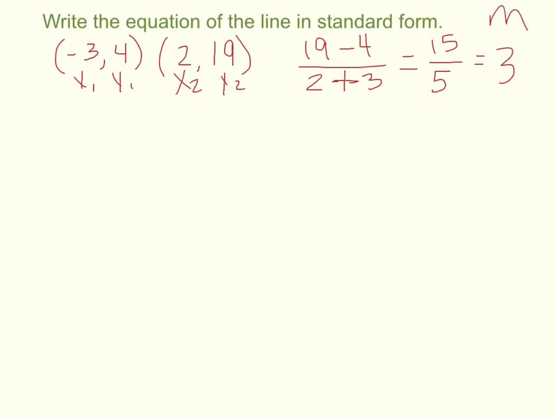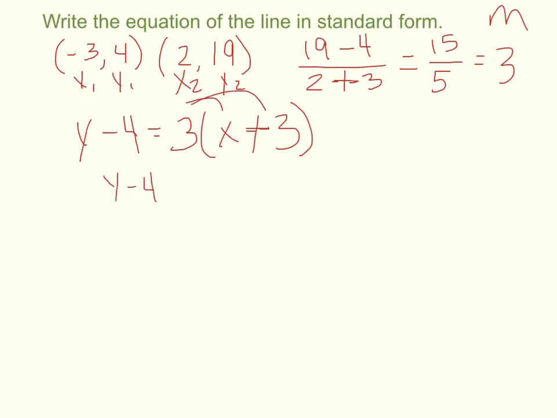So now I have my slope and a point, so I can use point-slope form. So I have y minus y1, which was 4, equals my m, which is 3, times x minus x1, which was negative 3. Minus negative makes a positive. Distribute the 3. So y minus 4 equals 3x plus 9. Add the 4 to both sides.